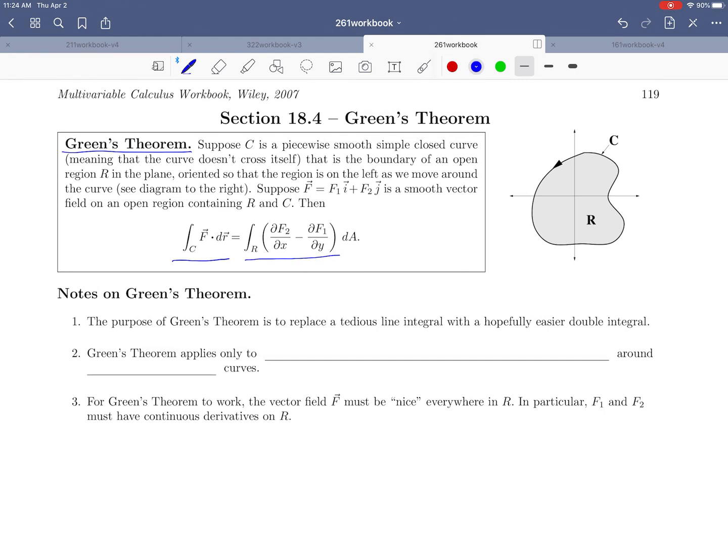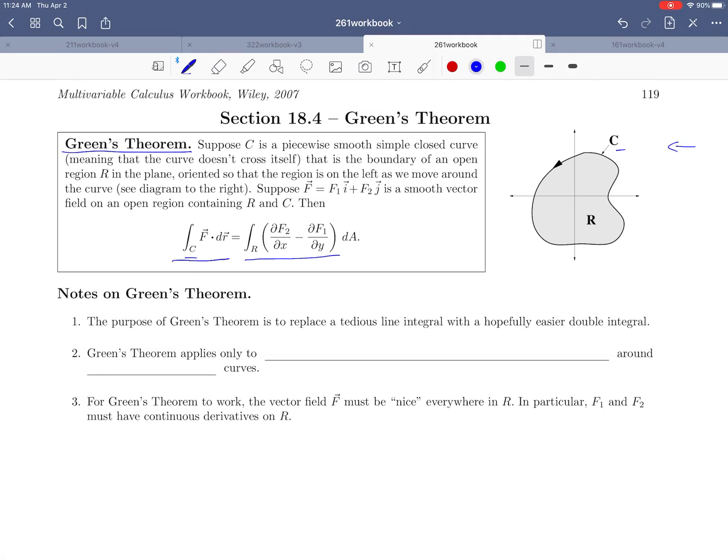That's a lot. So let's look at the diagram over here on the left to explain a little bit what has to be true about the curve in our line integral so that we can use Green's theorem. So C right here is a simple closed curve. That means that it doesn't cross itself. That's really all that we are saying.